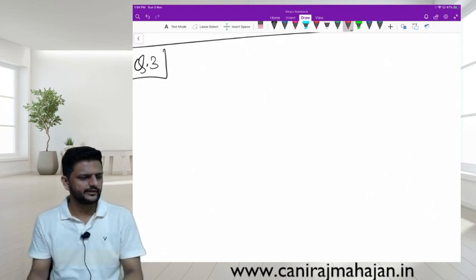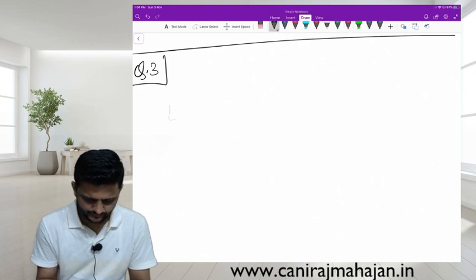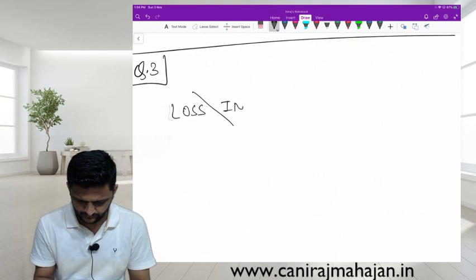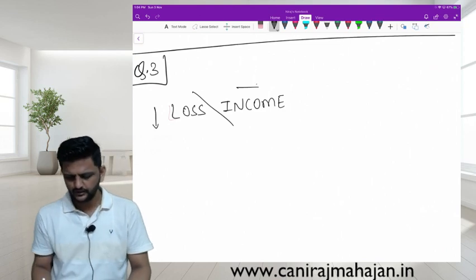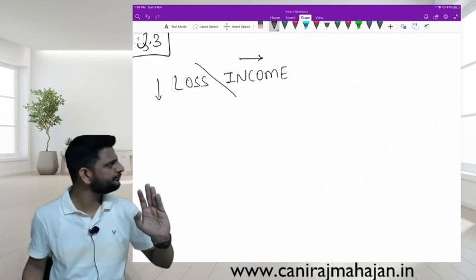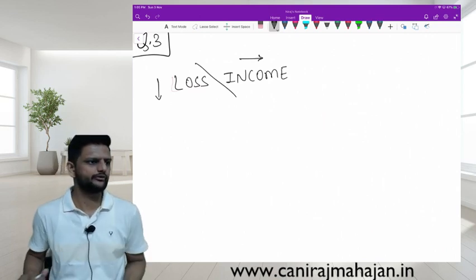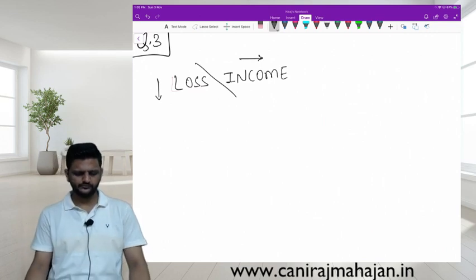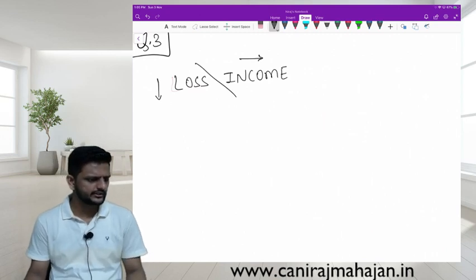We will always make a column right now of loss and income. This table you have to make for the best solution which you will solve. Without this table it is very, very confusing. Just list down the losses now.